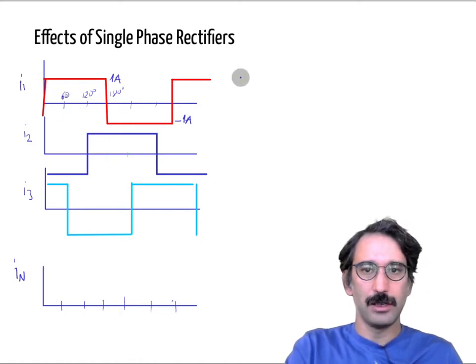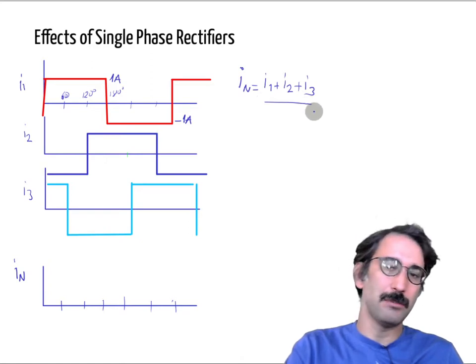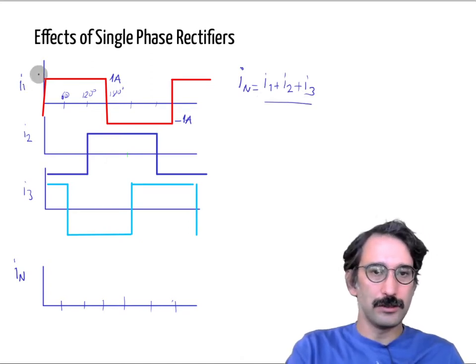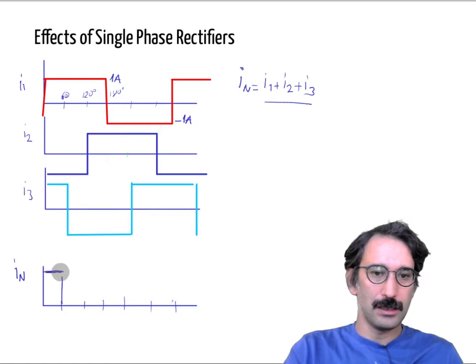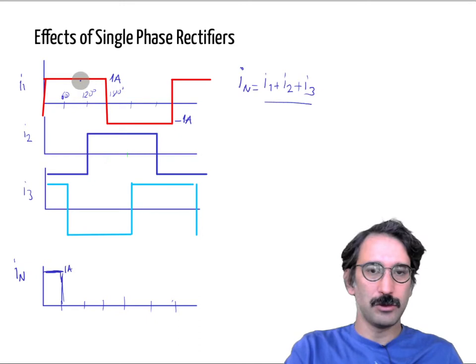Remember, IN is equal to I1 plus I2 plus I3. So I will add all these three together. So here you have 1 amp and minus 1 amp. So 1 minus 1, they cancel each other, but we have 1 amp here, right? So this is 1 amp. And I come to the second one.